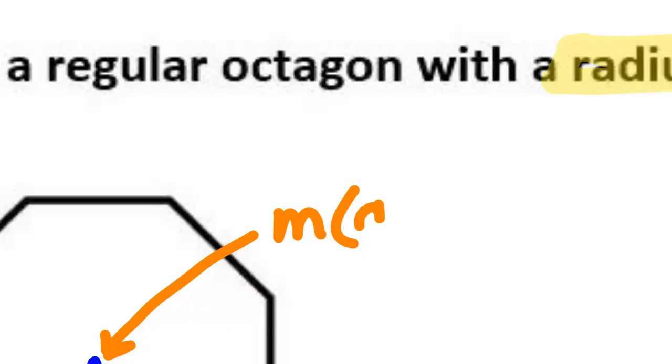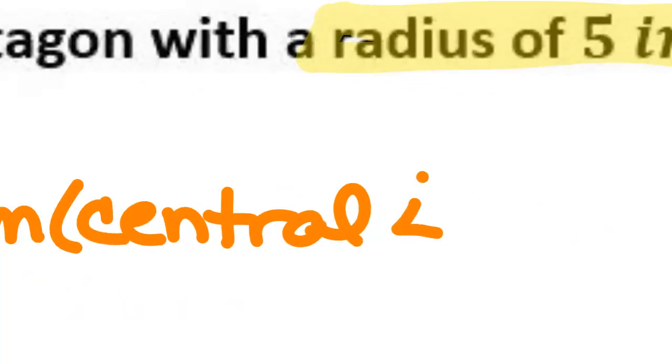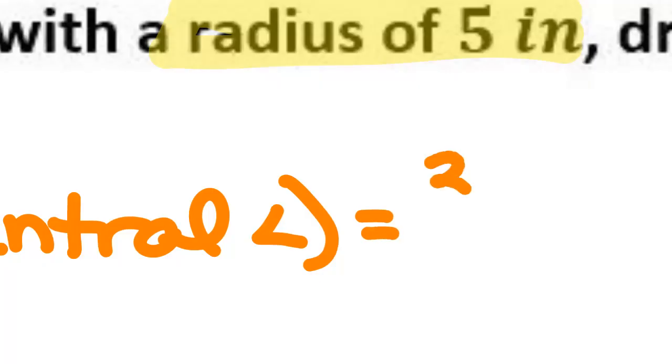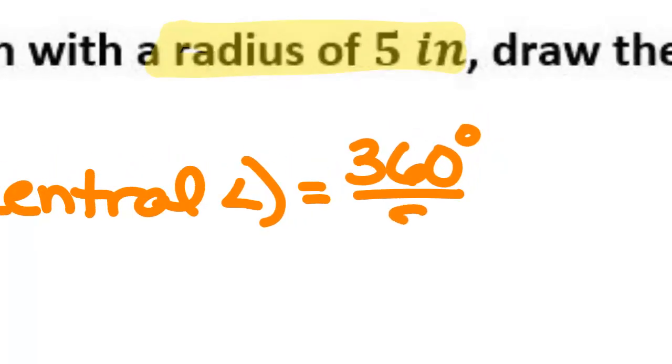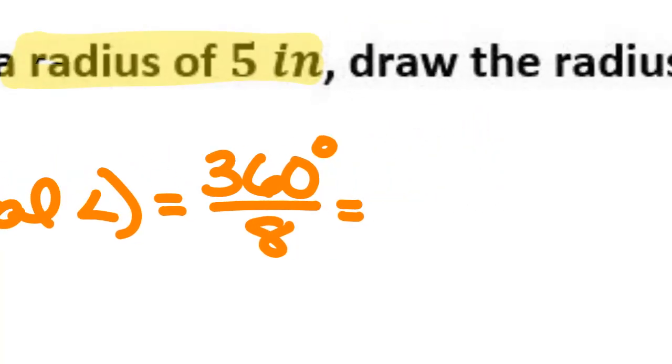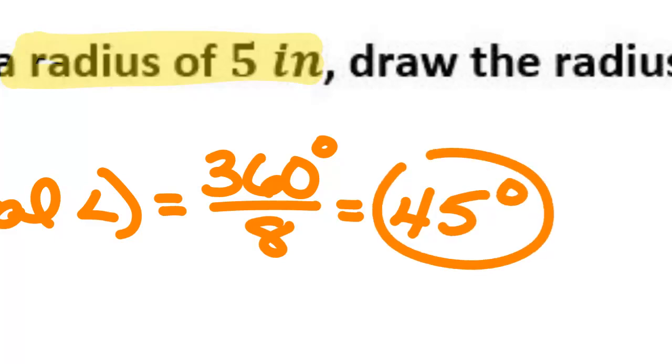We're going to do 360 divided by the number of sides that we have. How many sides are there on an octagon? 8. So I have 360 divided by 8, which comes out to be 45. So my central angle is 45 degrees there.